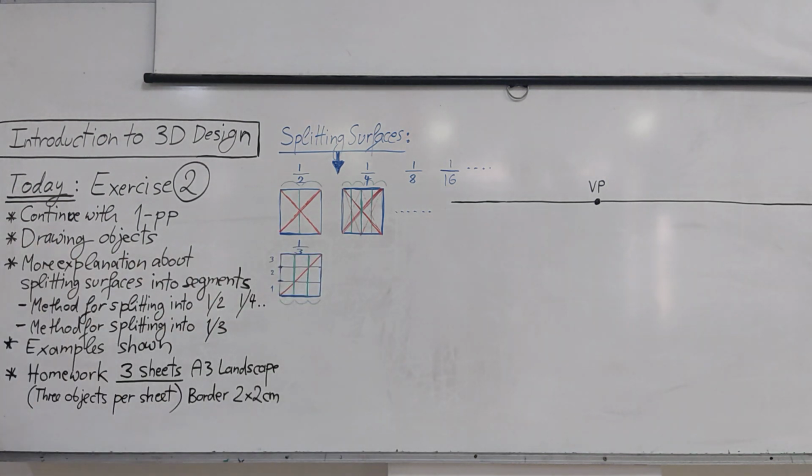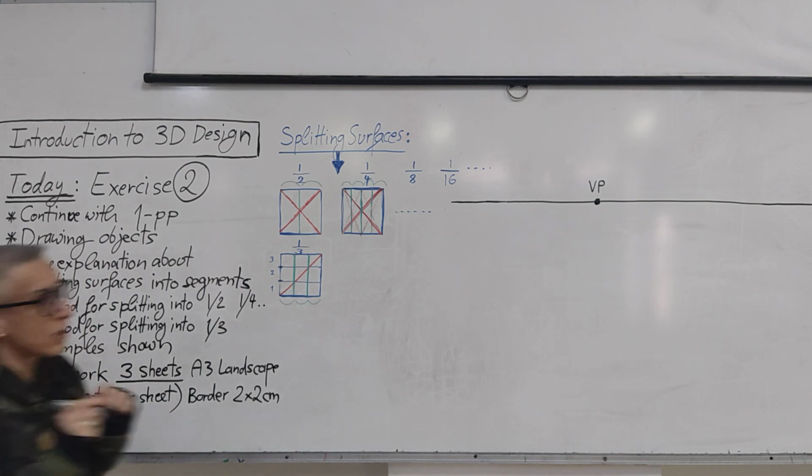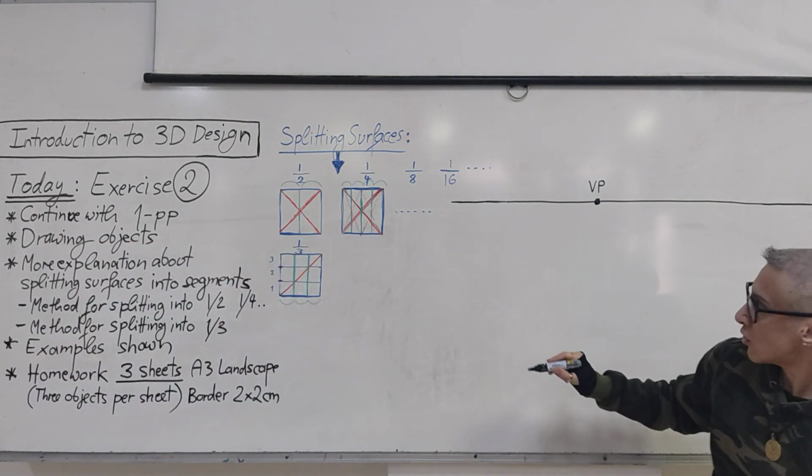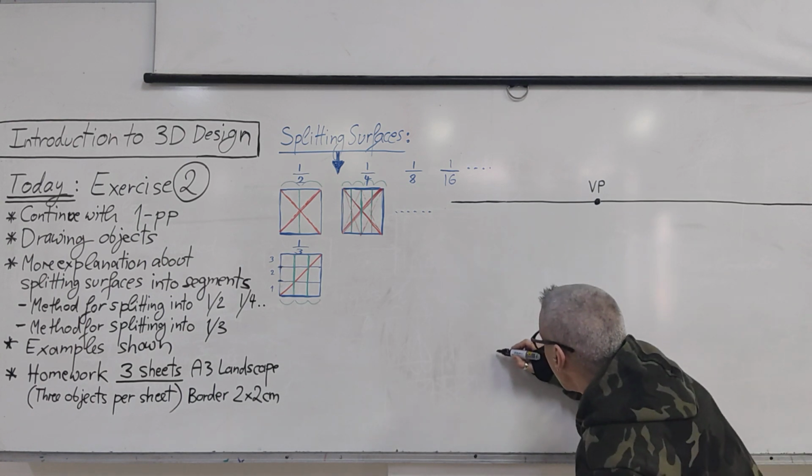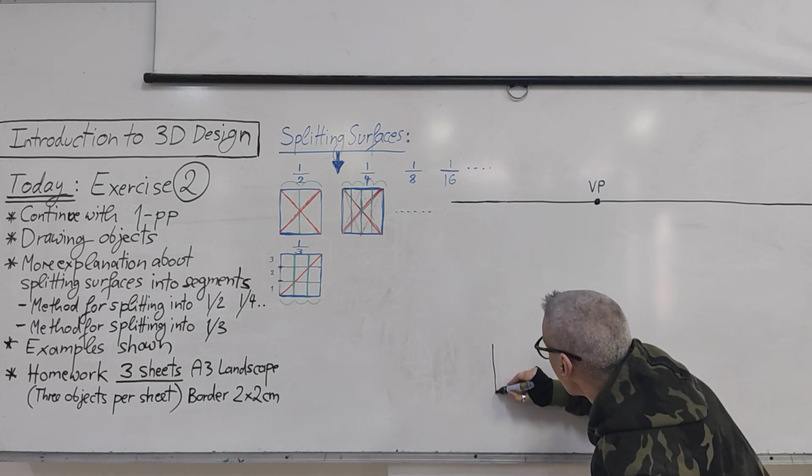Like to draw this classroom from here. This edge, do you see this edge? I cannot in 1 point perspective. So we have to start with the face. Anything we draw, we start with the face. So let me draw here a face of an object.